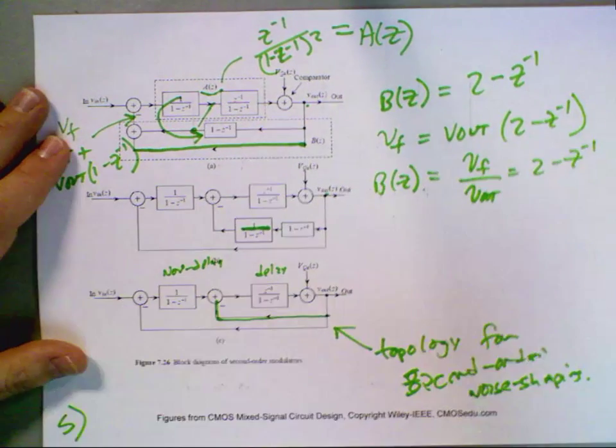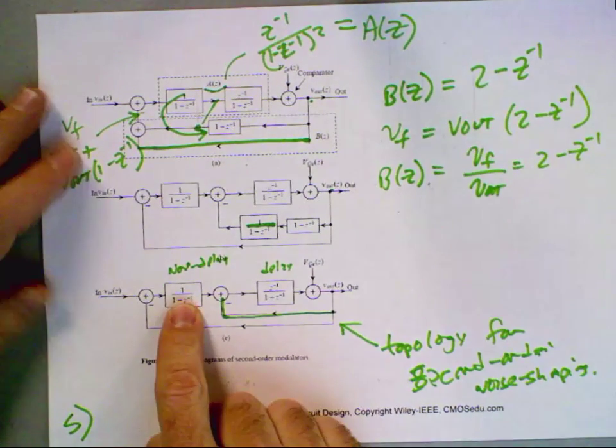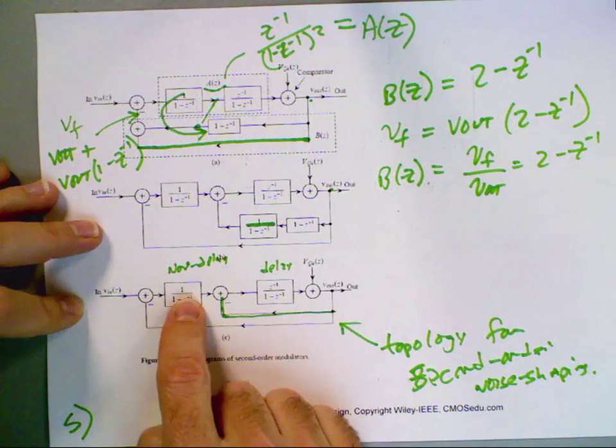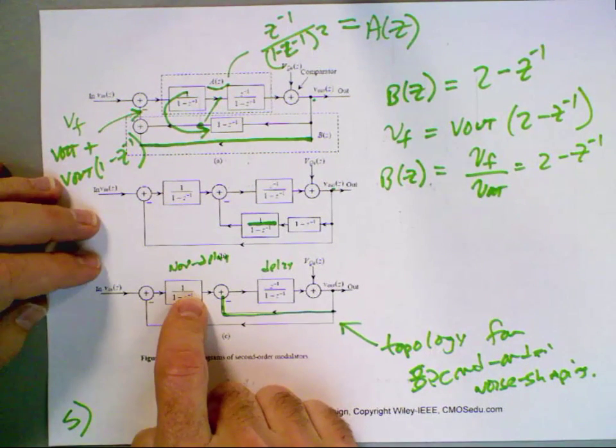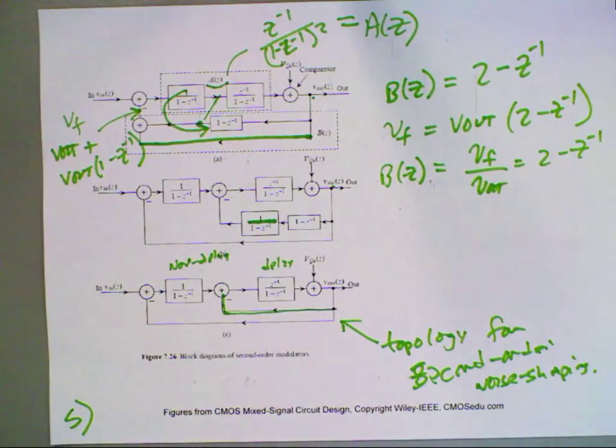Okay, so I'm going to tell you this, when we implement this, you can't implement a non-delaying integrator in switch capacitor. So let me just comment on that real quick.